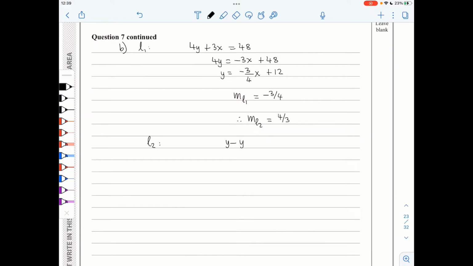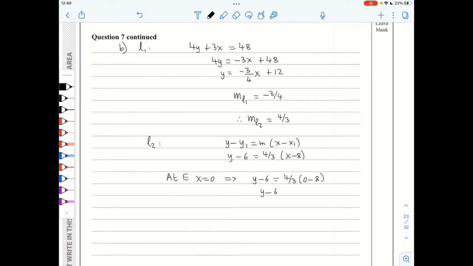And then for L2, we know that we pass through the point 8, 6. So y minus y1 is m times x minus x1. So y minus 6 is 4 over 3 times x minus 8. We know that the point E is a cut on the y-axis, so at E x is 0, which means that y minus 6 is 4 over 3 times 0 minus 8.